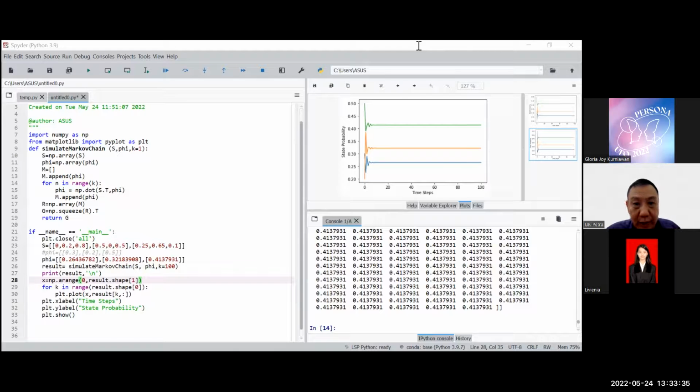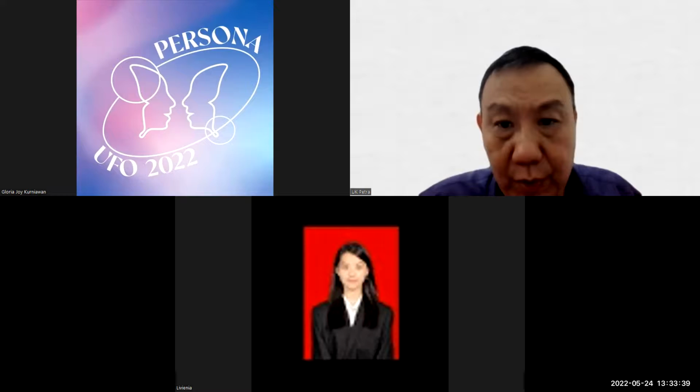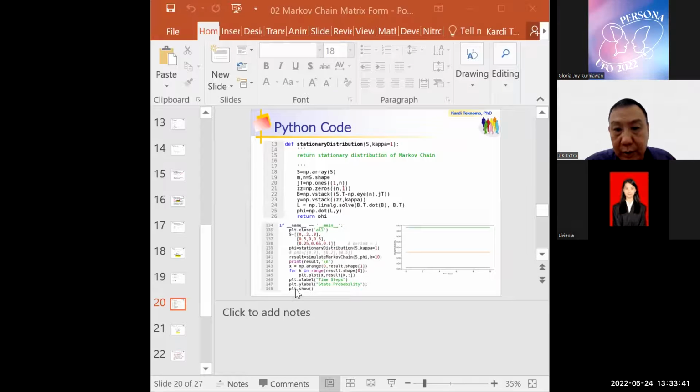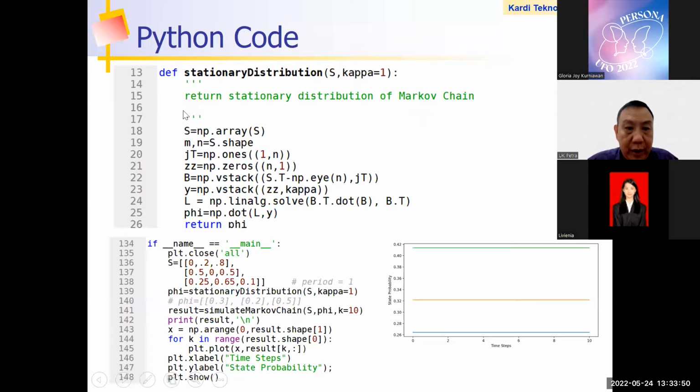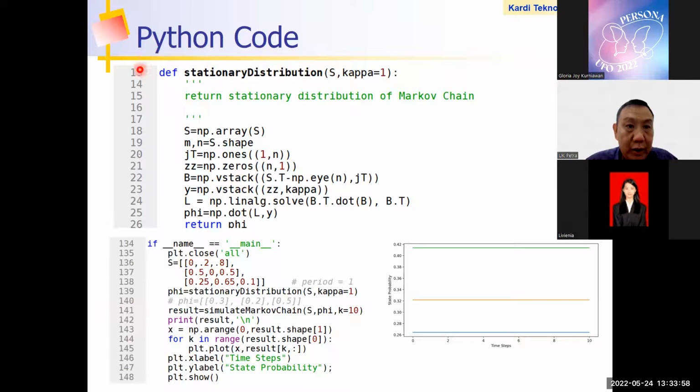So here, can I stop your screen sharing? Yeah. Okay, so if you look at this, I have the additional code here to calculate the stationary distribution.